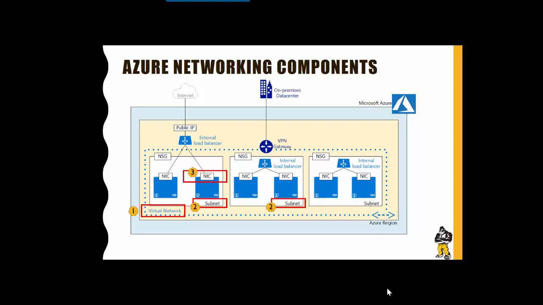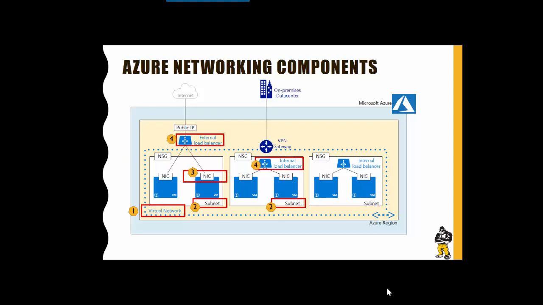Next to a subnet, you allocate network interface cards. Although a virtual machine cannot really start up or run without a network interface card, nothing blocks you from already pre-allocating network interface cards before actually attaching them to a virtual machine.